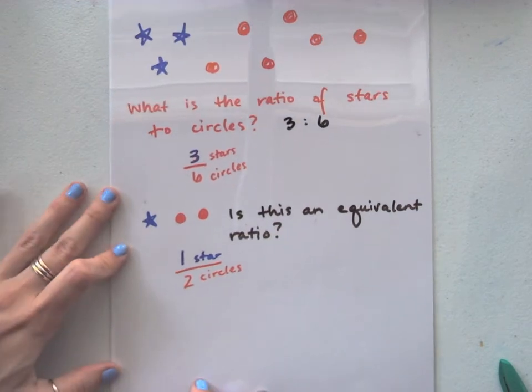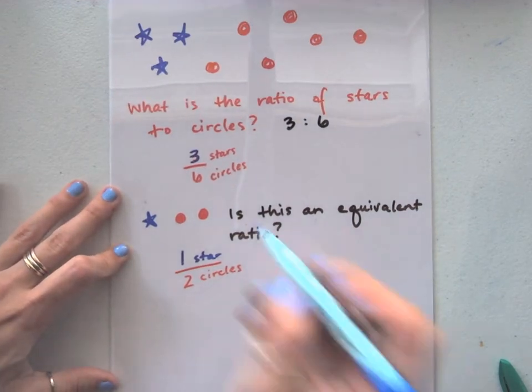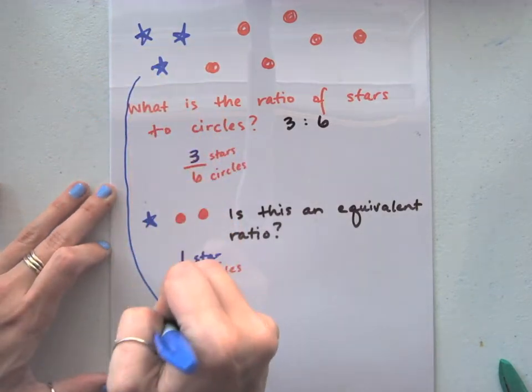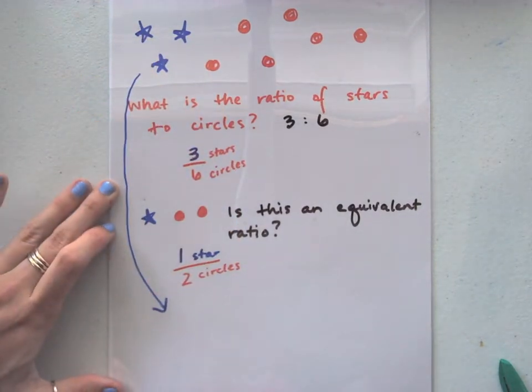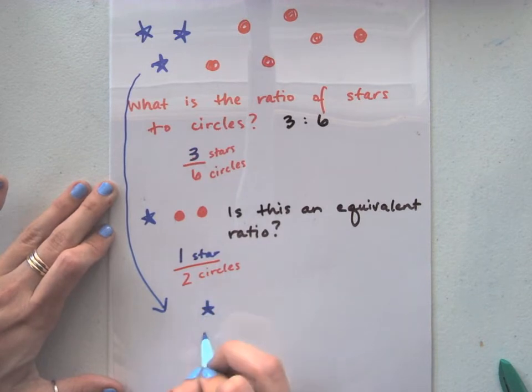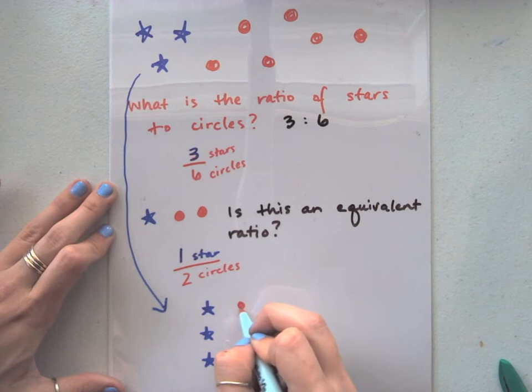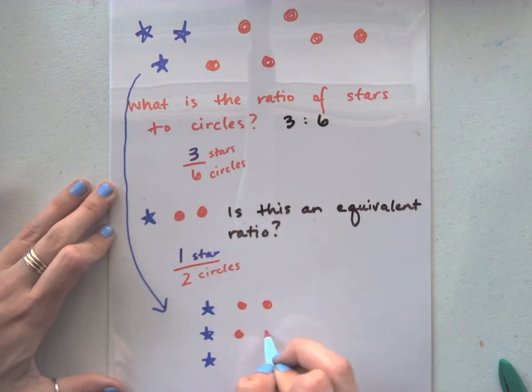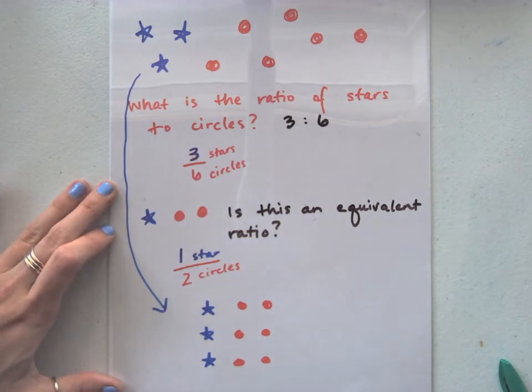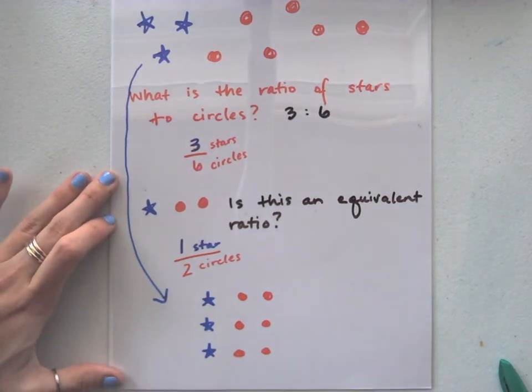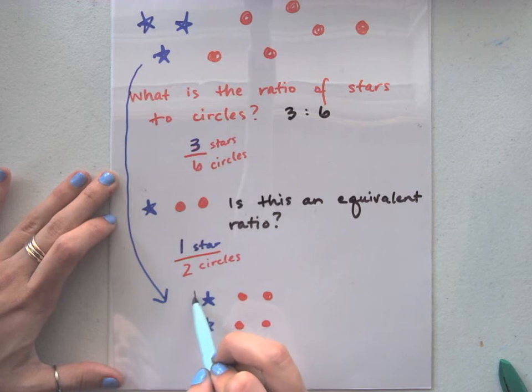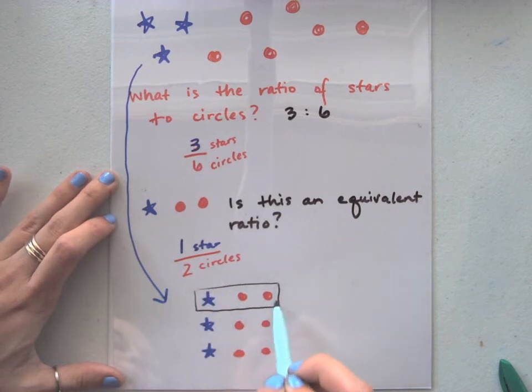All right, so visually first, let's redraw our drawing at the top so that we can see these stars. Got 1, 2, 3, and now so we can see these circles. 1, 2, 3, 4, 5, 6. If I draw my collection of stars and circles like this, I see that I have 3 stars to 6 circles, right? But I could also group them into equivalent groups.